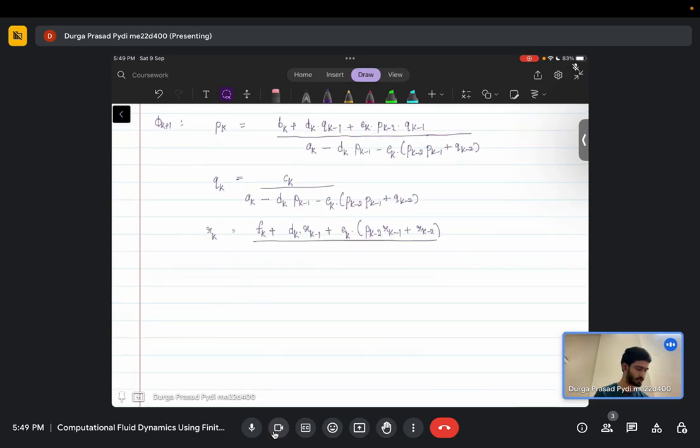The denominator is again the same. So now we have expressions for pk, qk and rk.